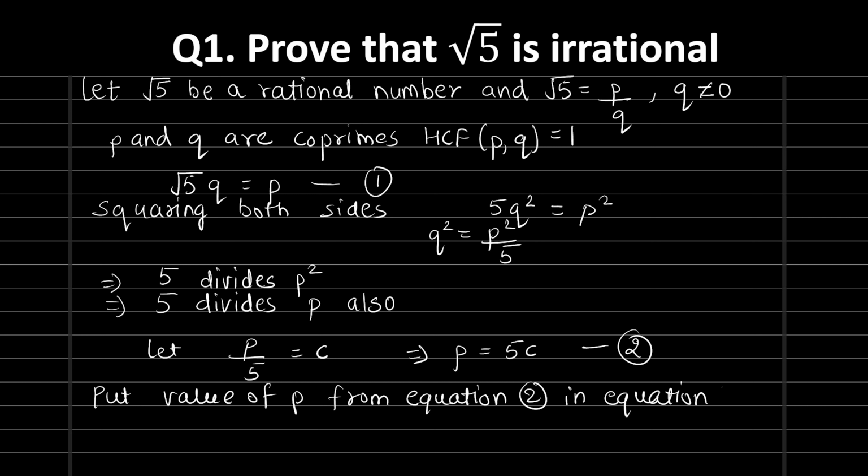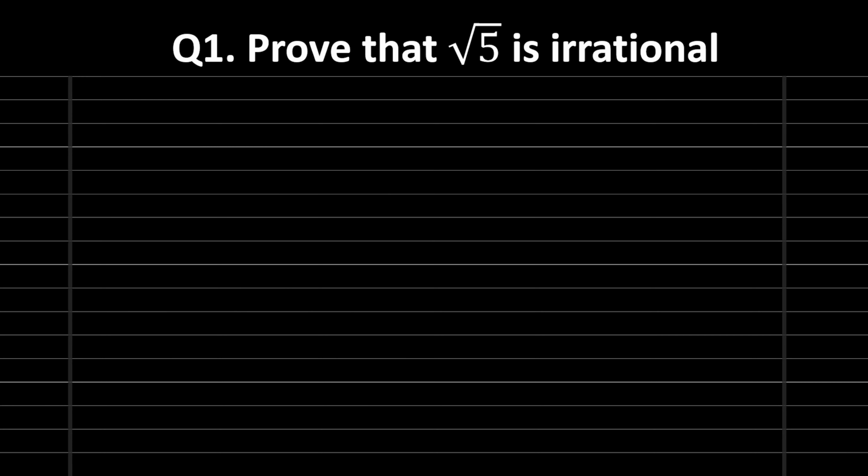On doing this, what are we going to get? We will get root 5q equals, in place of p, 5c. Now we will square on both the sides. It will give us 5q square equals 25c square, since 5c whole square is 25c square.